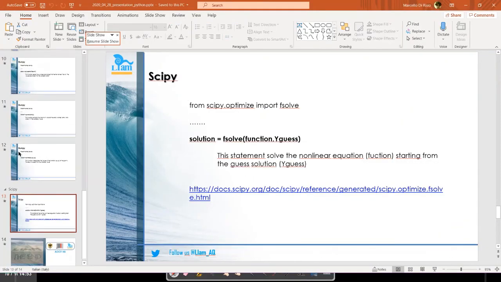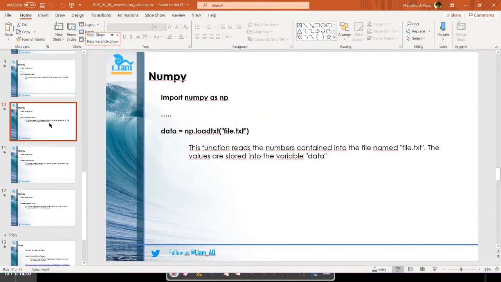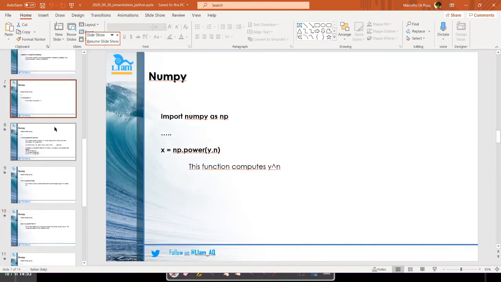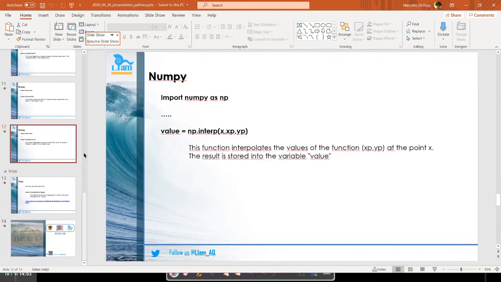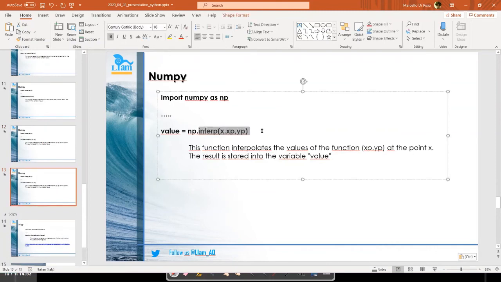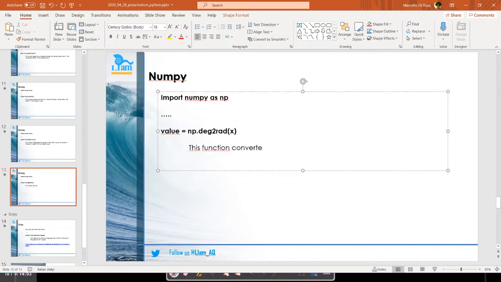Indeed, somewhere here in our presentation, we used it. We can add here deg to rad of something. This function converts an angle expressed in degrees to radians.